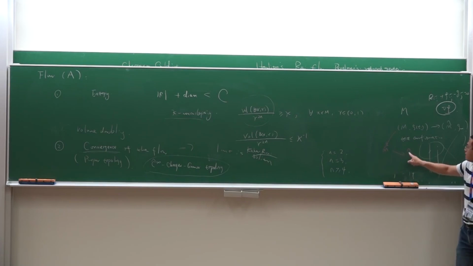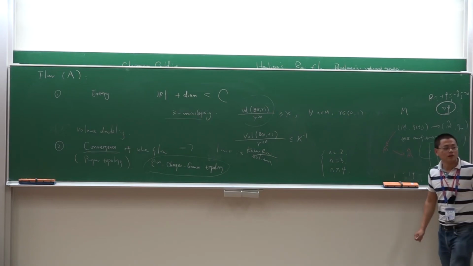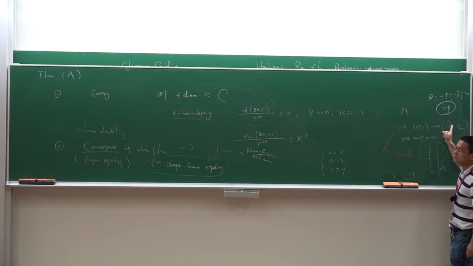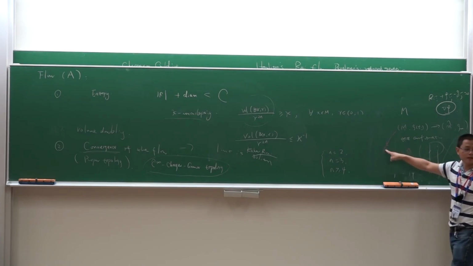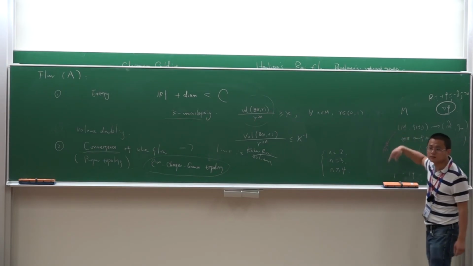If M hat is different from M, among these two degenerations there is one which gives you the contradiction. In the case when M hat is Kähler-Einstein, singular Kähler-Einstein, M hat tilde and M hat are the same. There is only one degeneration.